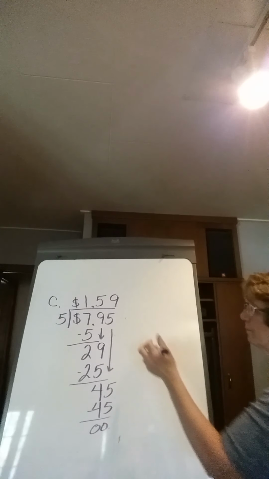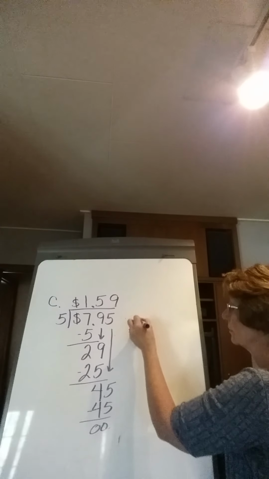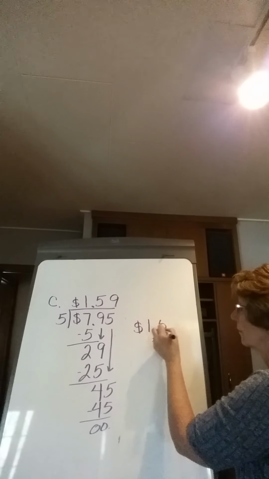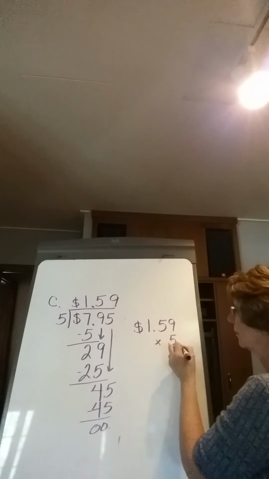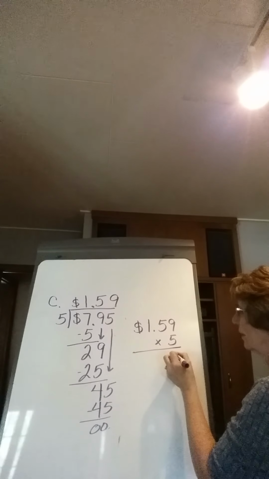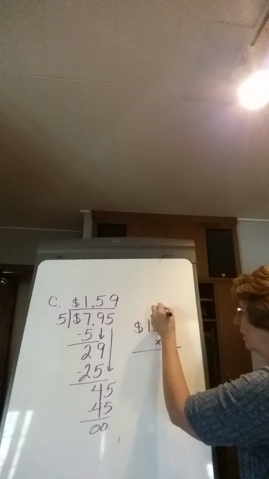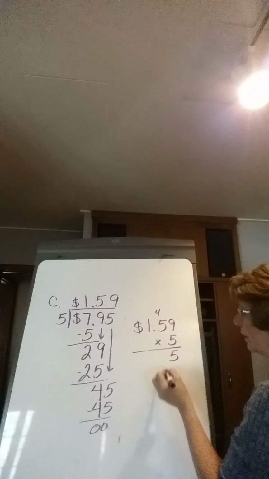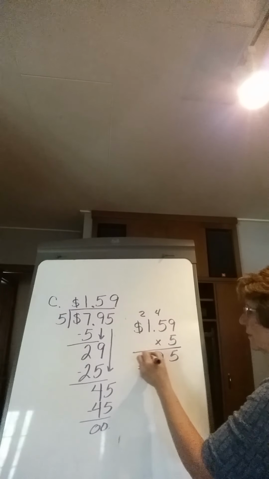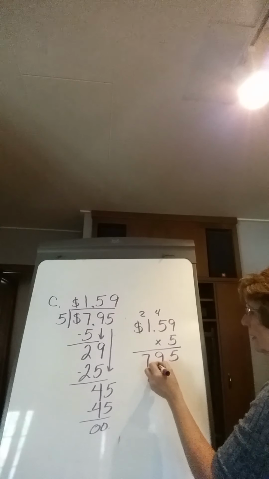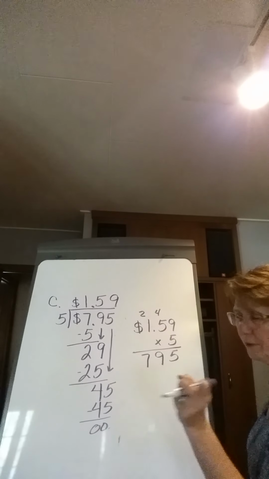Let's prove it out. 9 times 5, 5 times 5 is 25 plus 4 is 29. 5 times 1 plus 1 is 7. I'm going to show you the decimal later.